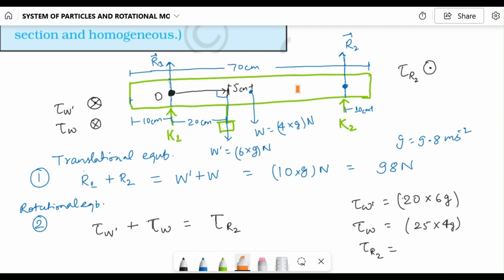So ultimately this length from here to here will be 50 centimeter only. So we can write here 50 times R2, whatever the magnitude of this R2. Now we can continue.